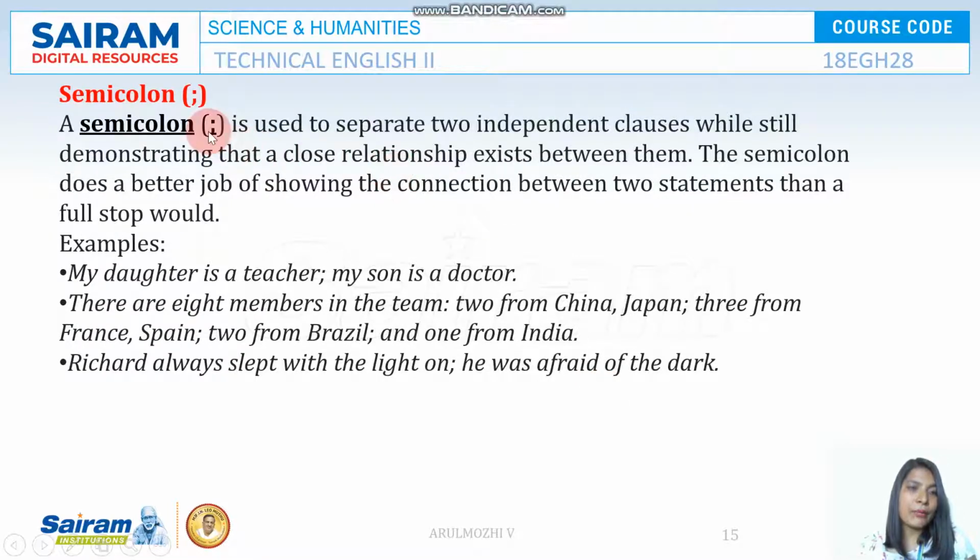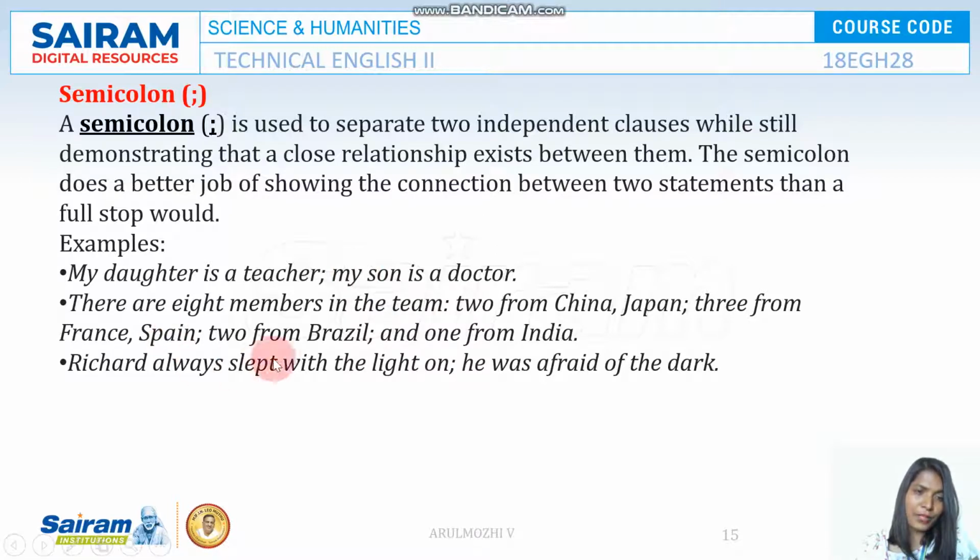And then we have the semicolon. The semicolon is used to separate two clauses. Take for example, my daughter is a teacher; my son is a doctor. Okay, the semicolon is used to connect two sentences into one, and the sentences must be very closely related to one another.